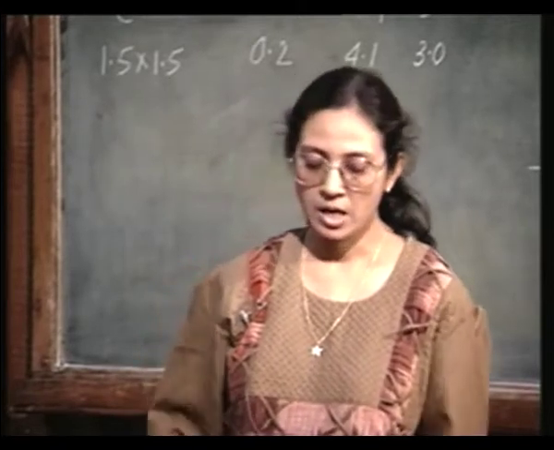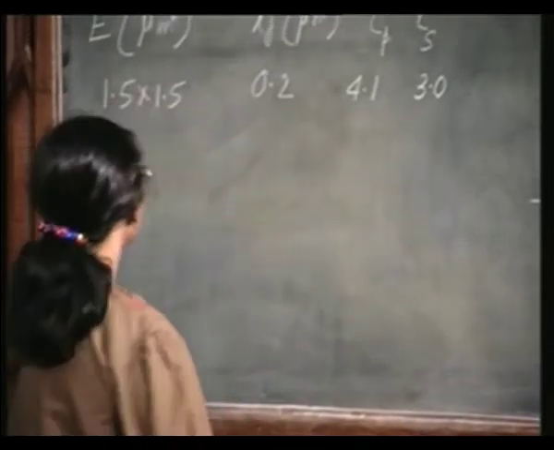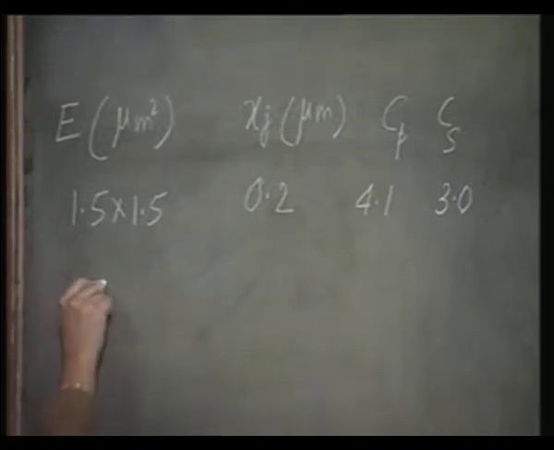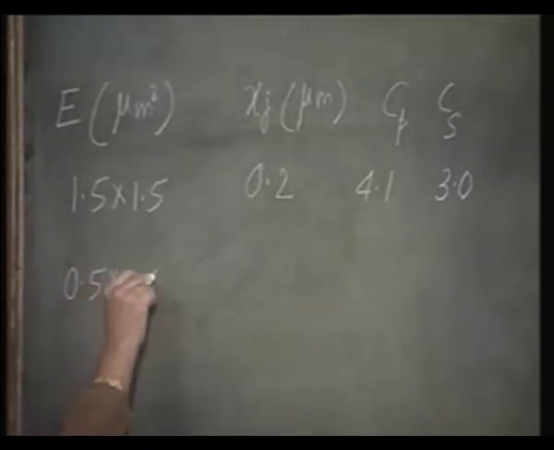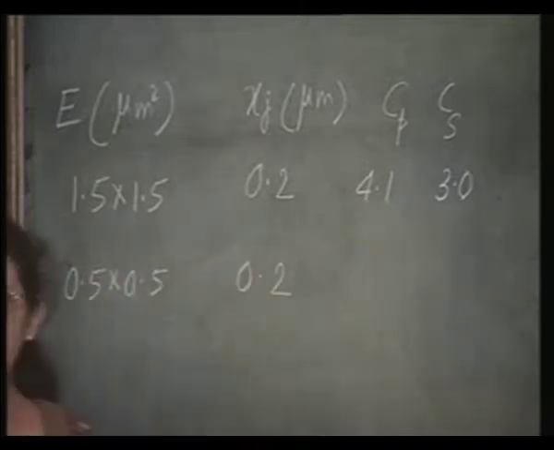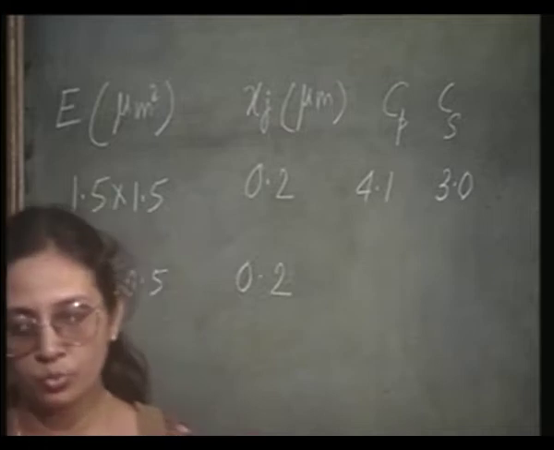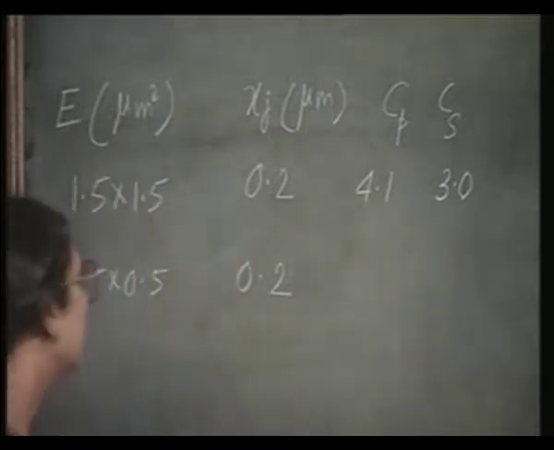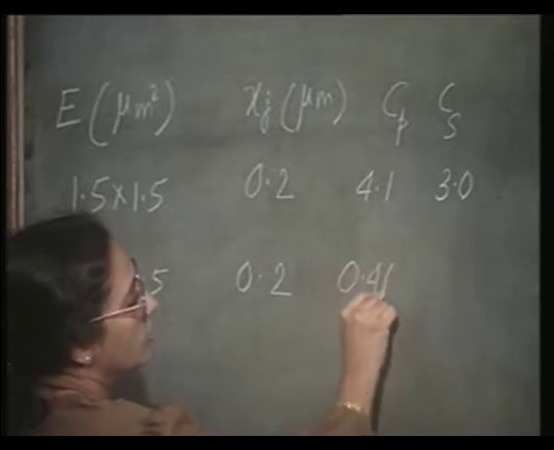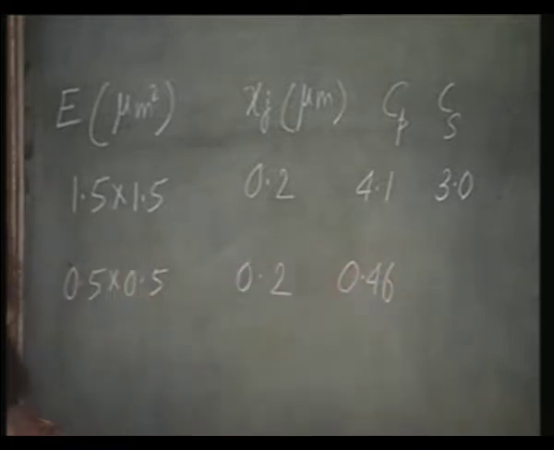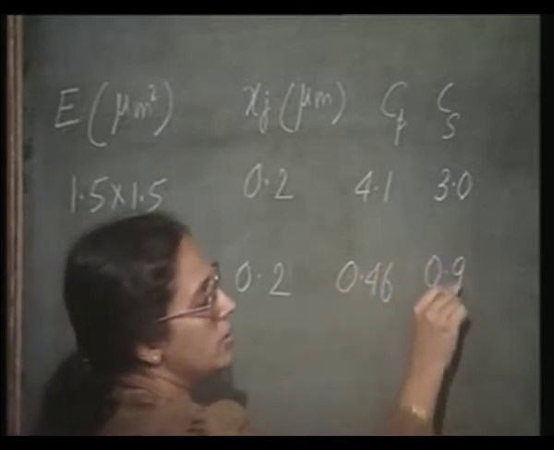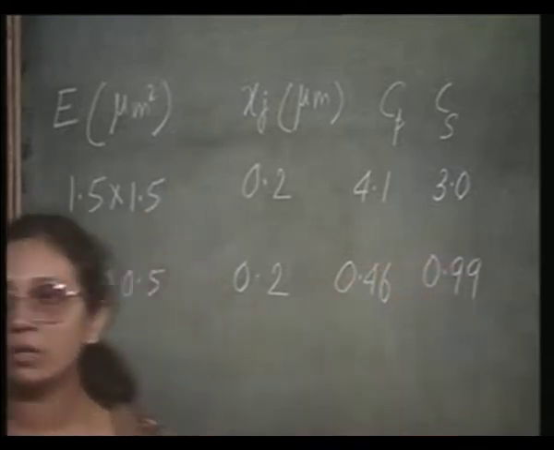Okay. On the other hand, if I reduce the emitter area to 0.5 into 0.5 and keep the junction depth the same as 0.2, then planar capacitance goes down to 0.46 femtofarad, but the sidewall capacitance is about 1 femtofarad.